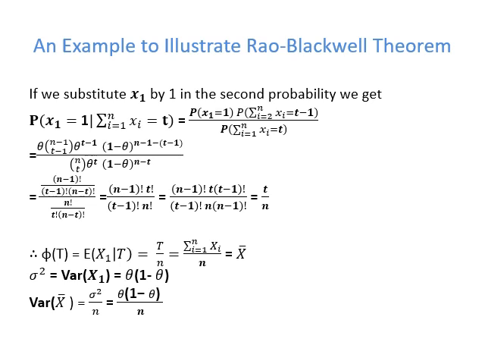If we do that, what will remain is theta. So again, theta power x, 1 minus theta power 1 minus x; if we substitute x by 1, the formula will be just theta. So you can see that in the numerator we have theta, which is the probability that x1 equal 1. After that, we want to calculate the probability that summation xi from i equal 2 to n equal t minus 1.